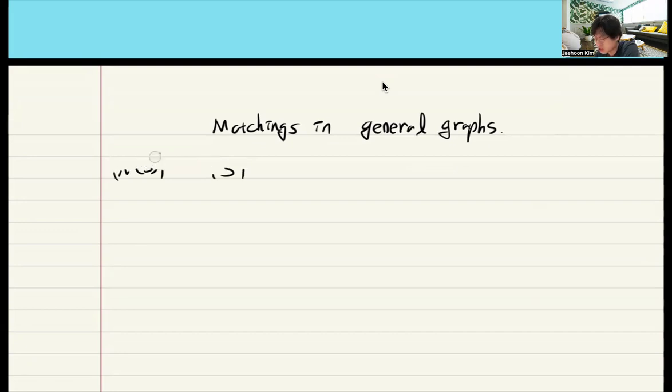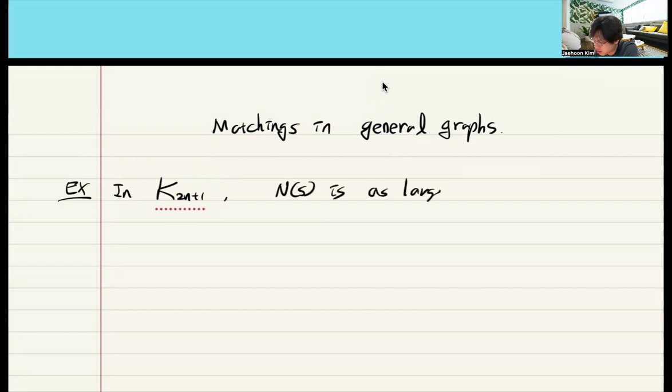However, if you think about it, you can consider the following example: the complete graph on 2n plus 1, an odd number of vertices. In here, the neighborhood N(S) is as large as it gets for any subset.